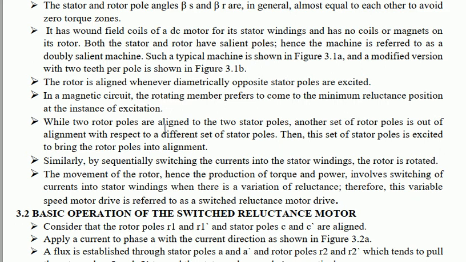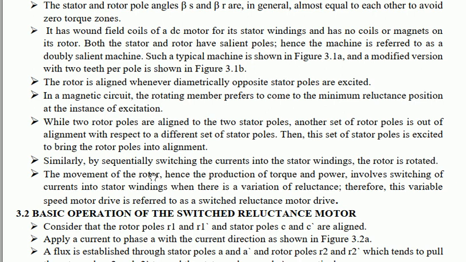While two rotor poles are aligned to two stator poles, another set of rotor poles is out of alignment with respect to a different set of stator poles. Then that set of stator poles is excited to bring the rotor poles into alignment with the minimum reluctance position.